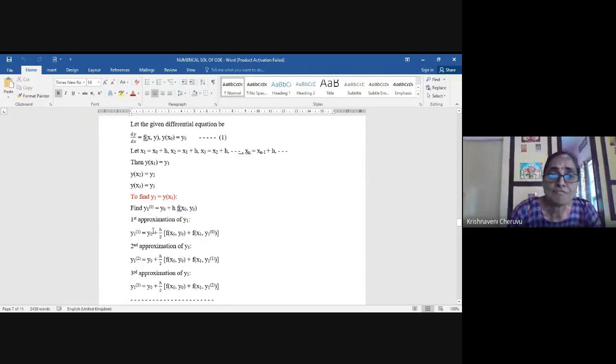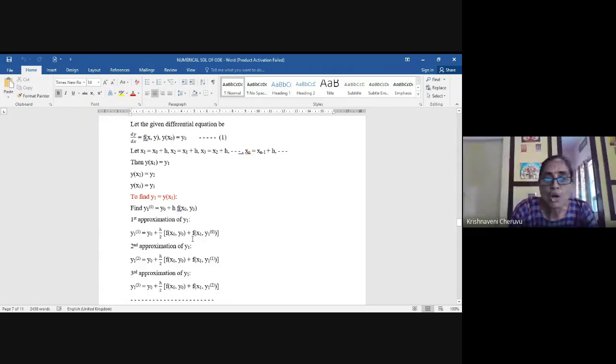Now you are finding the first approximate value for y1, denoted by y1 bracket 1. The first approximation for y1 is y1 bracket 1, which is y0, which is known to you in the question, plus h by 2, where h will be given, times f of x0, y0 plus f of x1, since x0 plus h gives you x1.